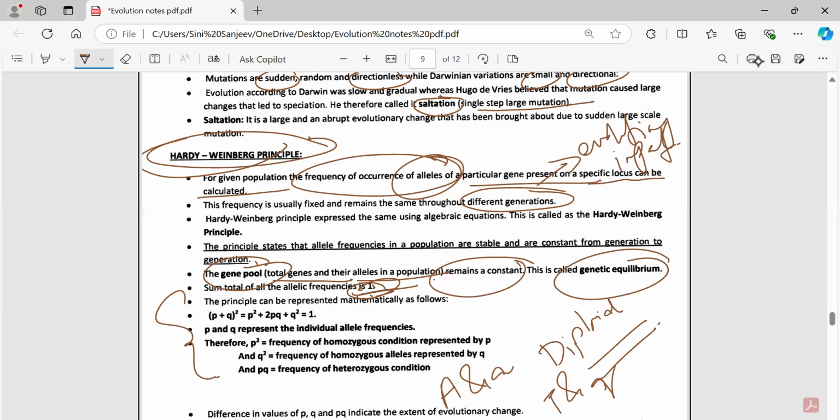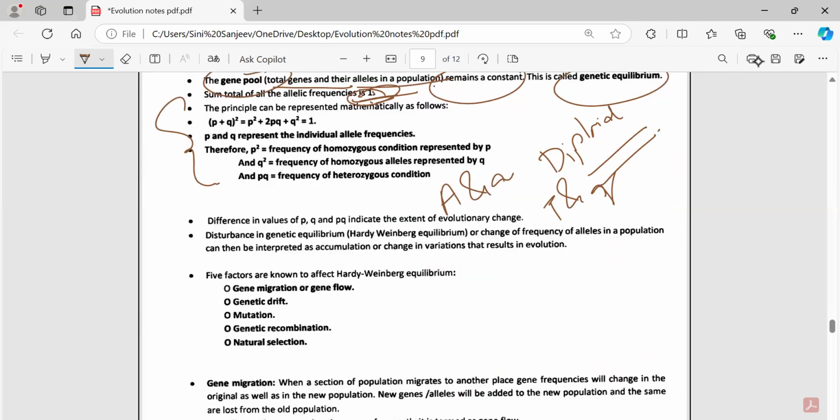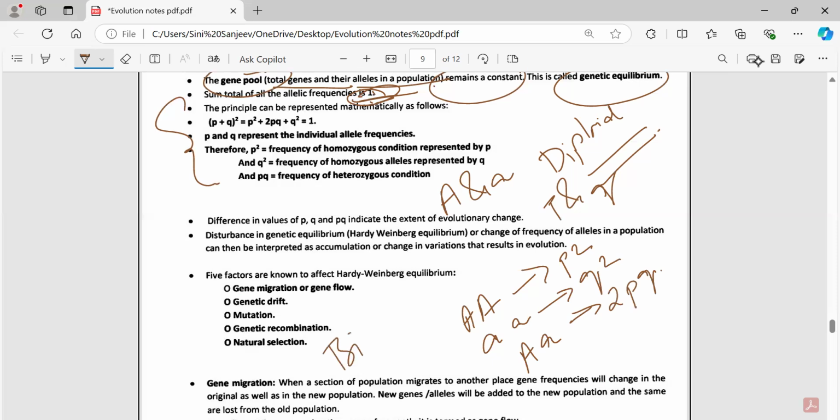Now you will get different forms of allele combinations. The first is capital AA, then capital A and small a. So directly, I'm going to put here p square, then here q square, and because one is capital and one is small, 2pq. Here comes the binomial expression.